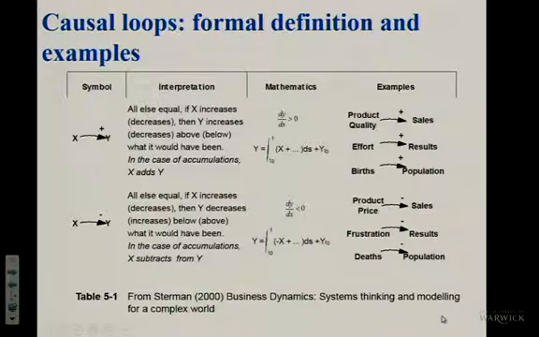So what we are suggesting here is that, all else equal, an increase in one variable will lead to an increase in the other variable. A change in one variable in one direction will lead to a change in the same direction of the other variable. For example, an increase in product quality will lead to an increase in sales. You will end up selling more products.